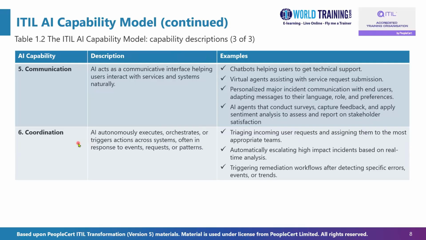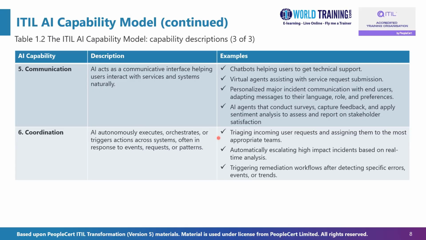And then we have the last one, coordination. This is where AI autonomously executes, orchestrates, or triggers actions across systems, often in response to events, requests, or patterns. So, for example, triaging incoming user requests and assigning them to the most appropriate teams. Triaging here can mean classifying them, categorizing them. Sometimes it can also mean prioritizing. For example, in hospitals, they usually triage or prioritize patients who are in more critical conditions.